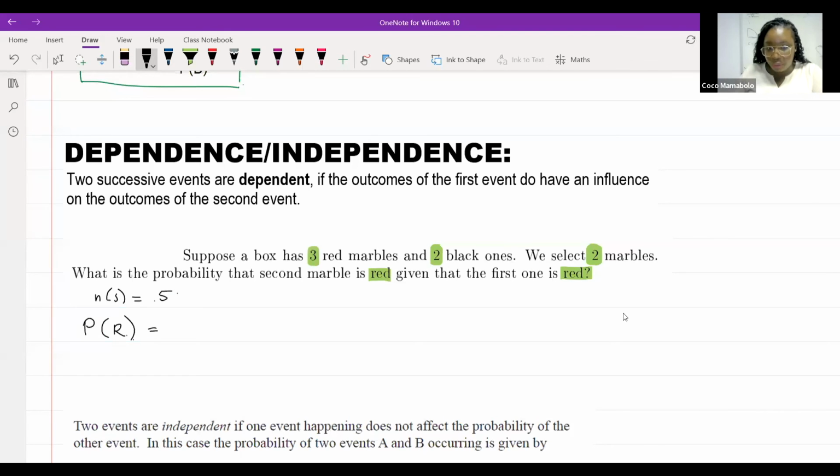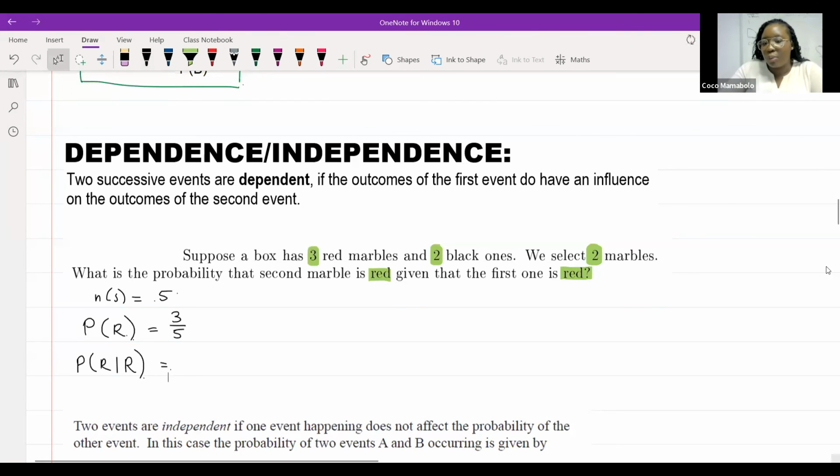Correct. Because there are 3 red marbles, my probability is 3/5.